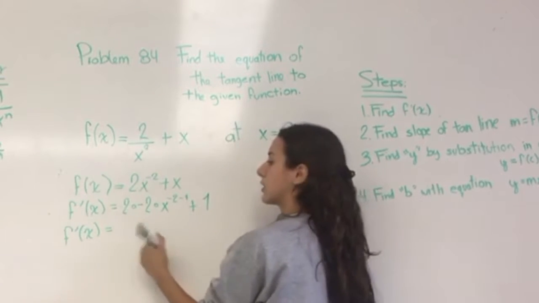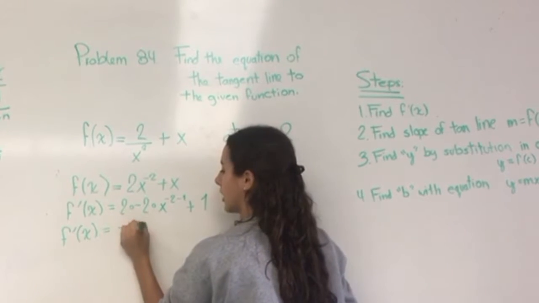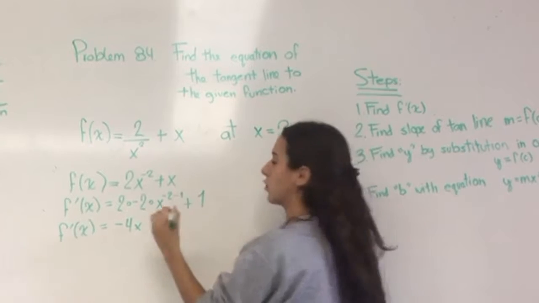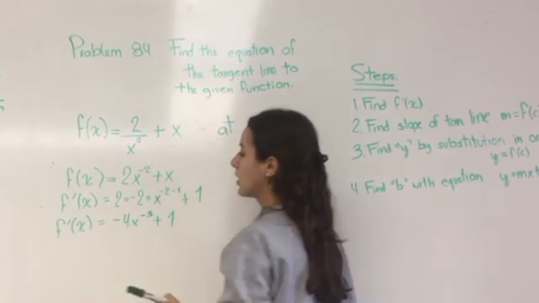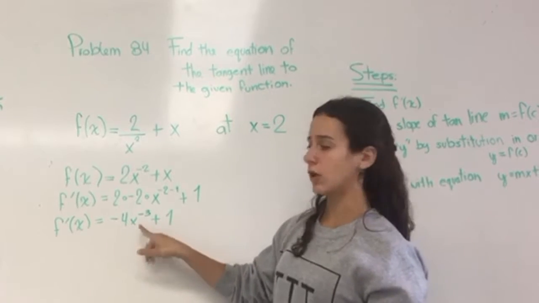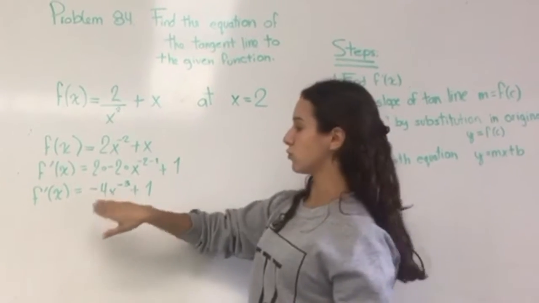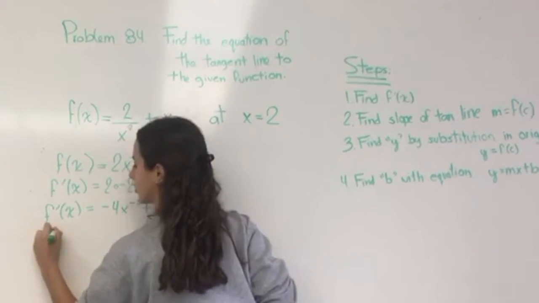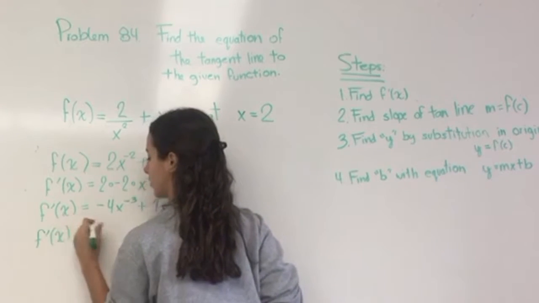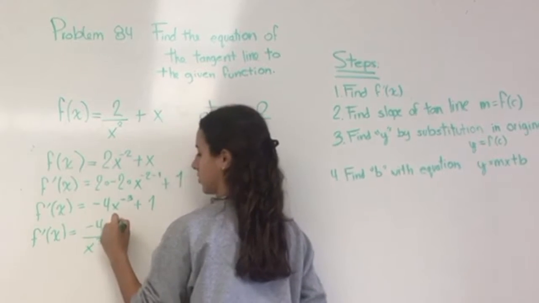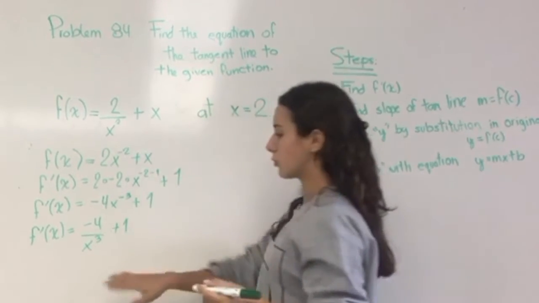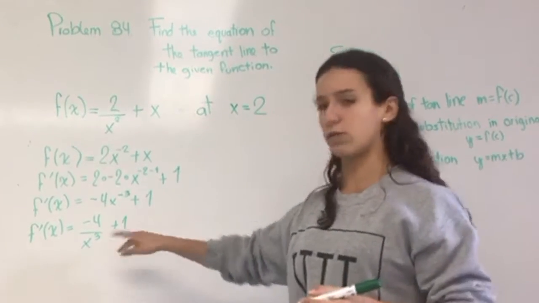Then 2 times -2 is -4, x to the -2 minus 1 is -3, plus 1. Since your exponent is negative, this won't be the final answer, you have to turn it into a fraction: -4 over x cubed, you pass the 3 down, plus 1. This will be your final answer for the first step.